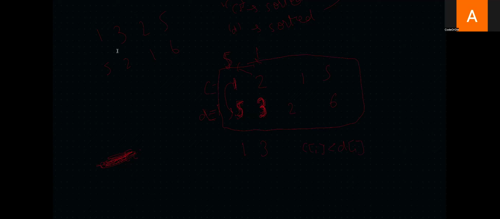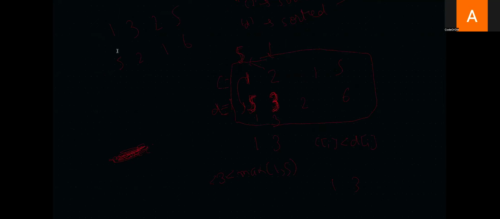So this will be sorted, 1, 3. But if the maximum of 1 and 5 was greater than the maximum of 2 and 3, then I'm sure that 3 is less than the maximum of 1 and 5, which is the previous index's maximum element, and 2 is less than 3, which is this index. So if you try to bring 1 before 3, then 5 will come before 2.